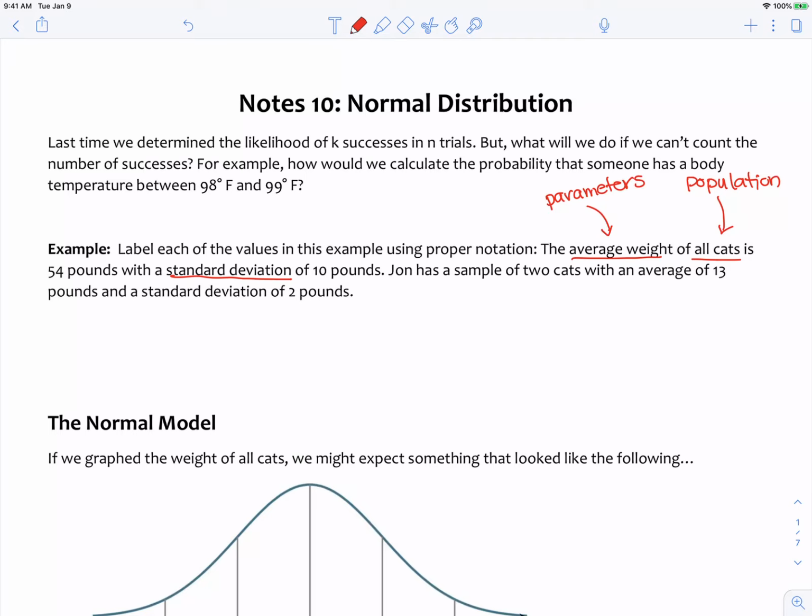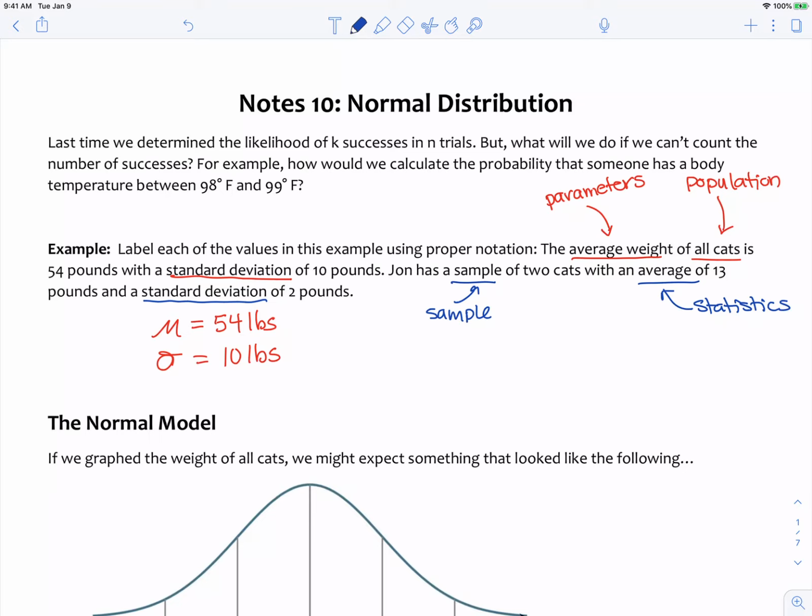For parameters, the symbol for our average or mean is mu, so mu is equal to 54 pounds. The symbol for the standard deviation of the population, that parameter, is sigma, and that is equal to 10 pounds. Now, John has a sample of 2 cats with an average of 13 pounds and a standard deviation of 2 pounds. That is therefore a sample, which means this average of 13 pounds and standard deviation of 2 pounds are statistics, since those measures came from the sample data.